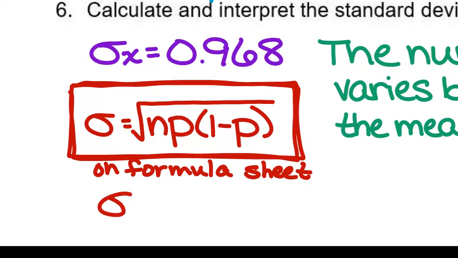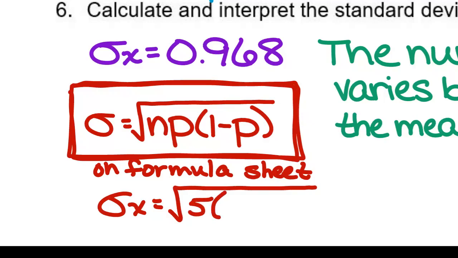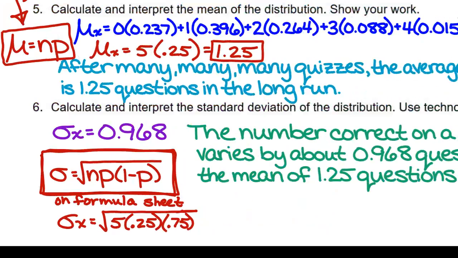So for our problem here, to find the standard deviation of x, I did the square root of 5 times 0.25 times 0.75. And that gave me a more precise standard deviation.